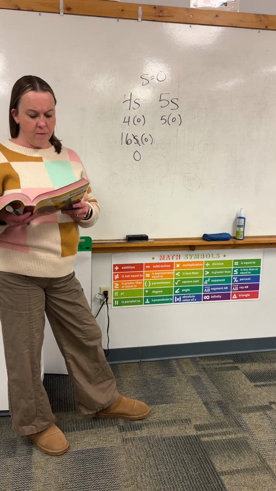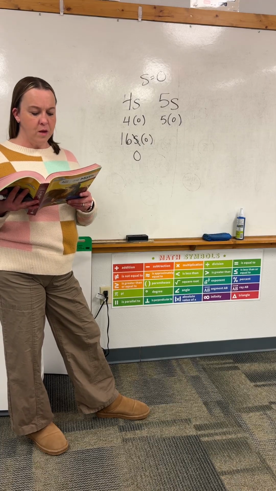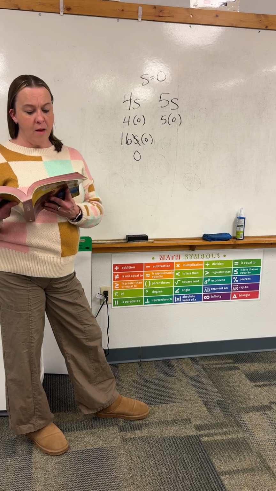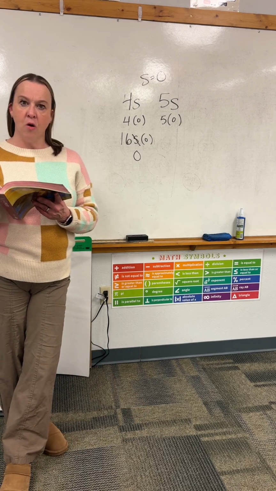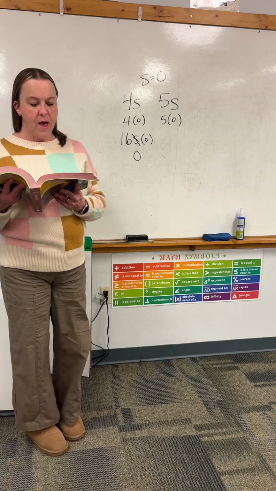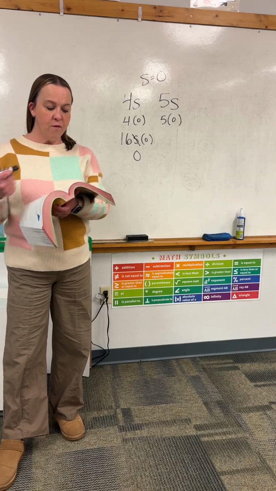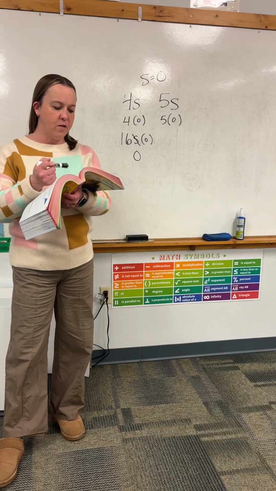There are 5 different properties that support that idea. So down at the bottom, identify the properties used to determine if the expressions are equivalent. If we look at the very first one, it says 4 times the sum of A plus 2B plus 4A, and then you're also comparing it to 8 times the sum of A plus B. What you're looking for on letter A is how it changed from that first line to the second line.